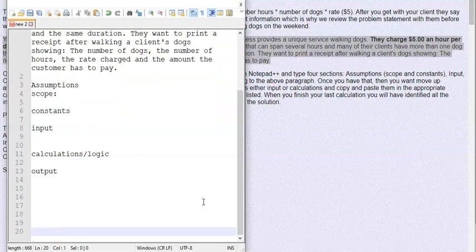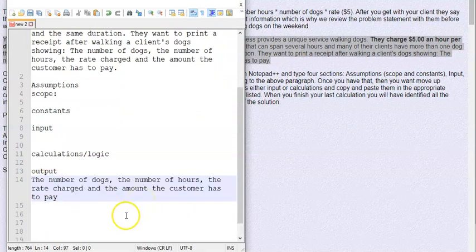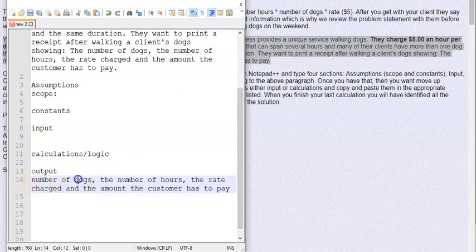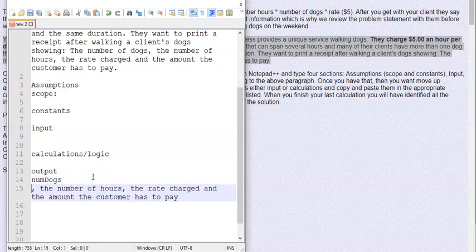Great. So the first thing we start with is output. And we can see we have the number of dogs first, and I need to camel that. So we don't need the, and I'm just going to call this num dogs. Okay, so that's our first output. And again, we're cameling these. Next one is num hours. This is kind of how we did it the first time we did the dog problem when it didn't have a decision.